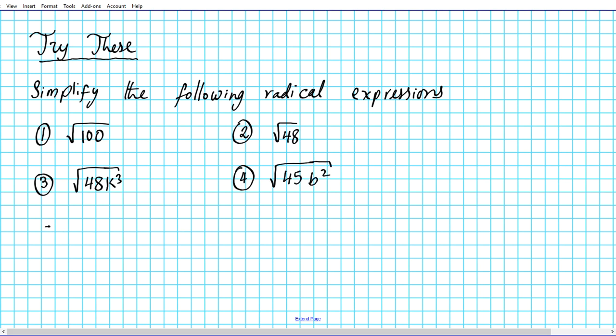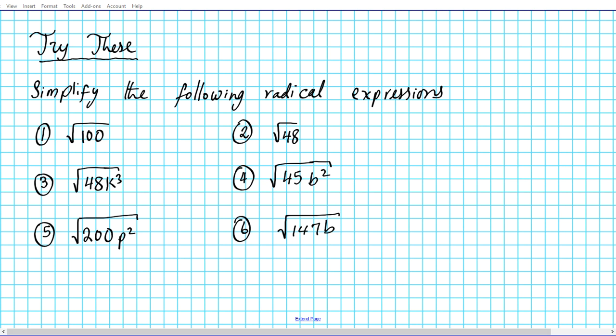Number 5, find the square root of 200p squared. Number 6, find the square root of 147b. Okay, so go ahead and pause this video at this time. I'd like you to simplify the following radicals. When you're done, click back on the play button to see what the answers are.